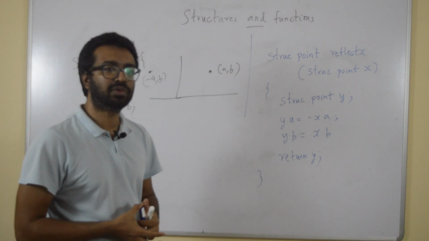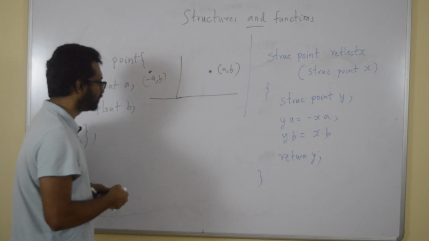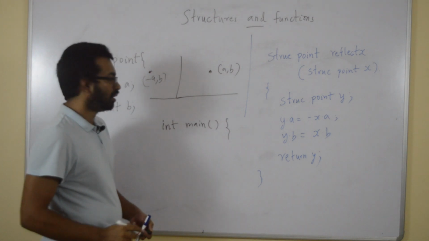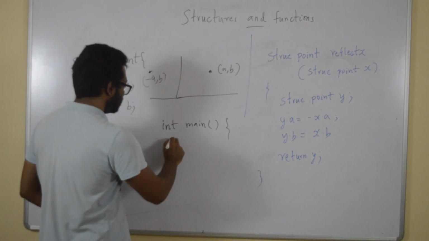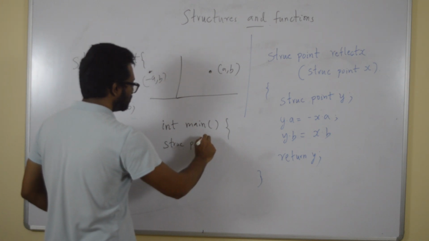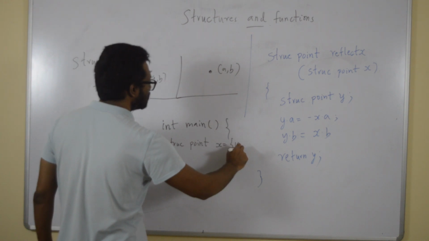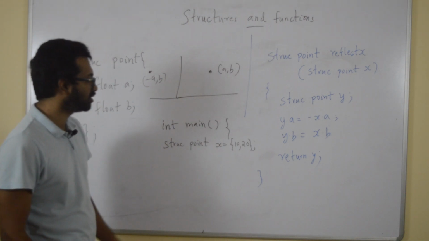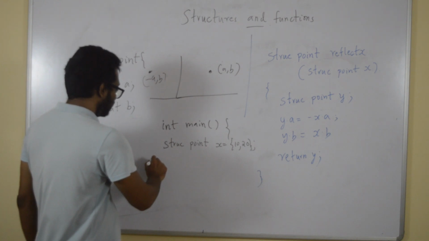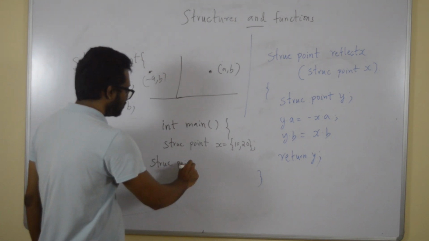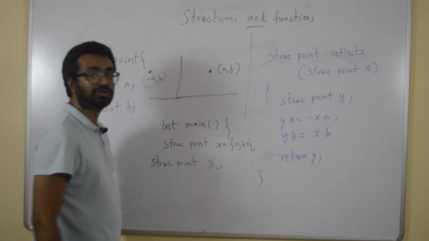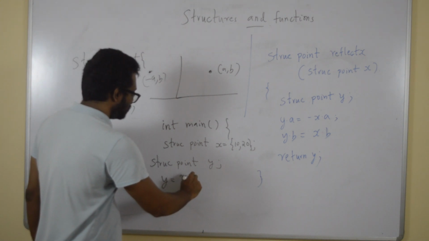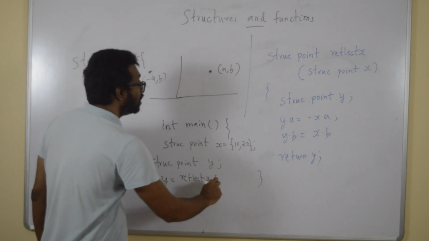Now let's look at the main function. In the main function, I have declared a point x, initialized to 10, 20, and I have also declared a variable y, and I am going to assign y is equal to reflect x.